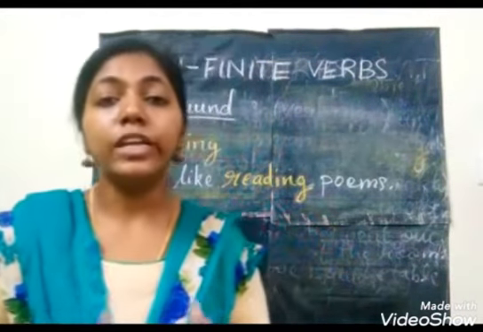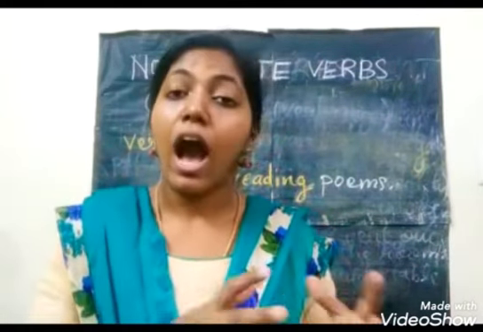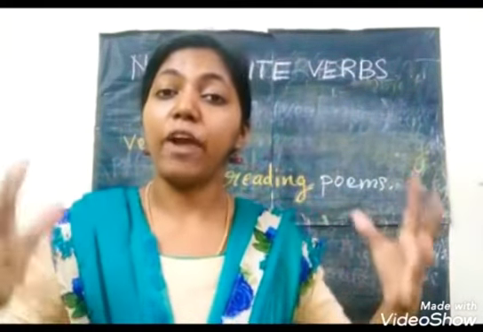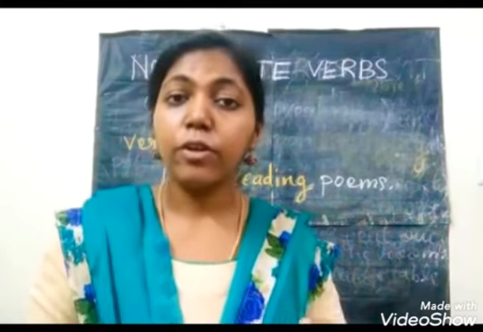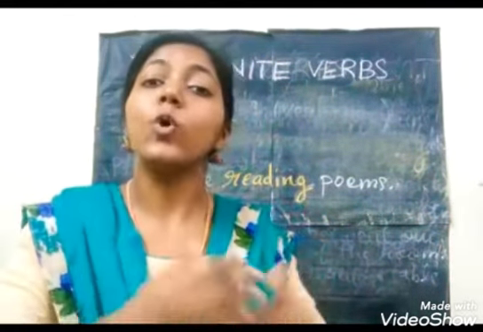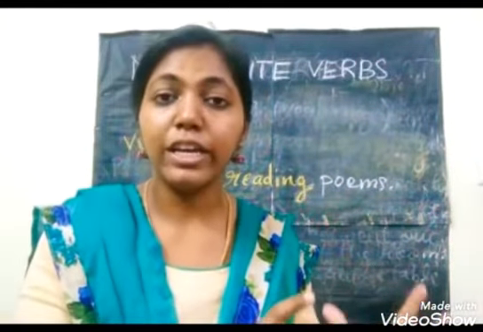Look, children, in present participle, there was one example. I saw a man carrying a basket. Yes, that was the example that we have discussed. There, the verb carrying, verb plus ing, is an action that is going on or incomplete. So that's why it is present participle.